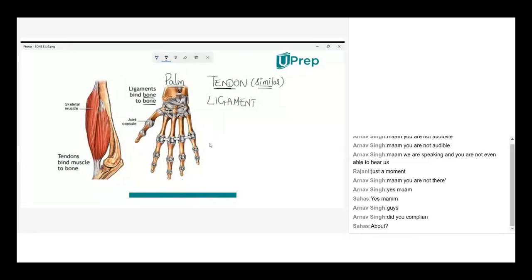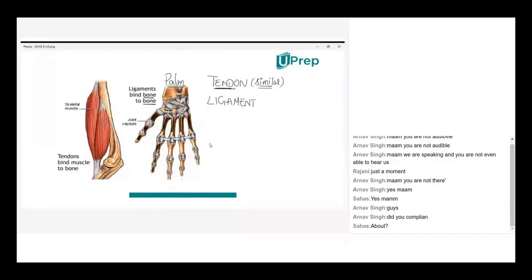So here you are having various bones. This is thumb bone, forefinger bone, middle finger bone, ring finger bone, little finger bone. Now each finger is partitioned into 3 bones. Different bones are there.